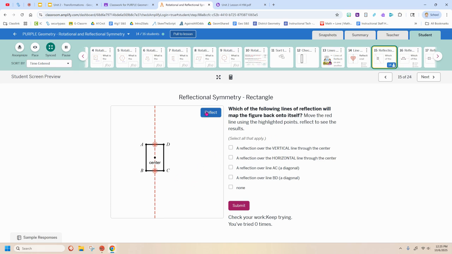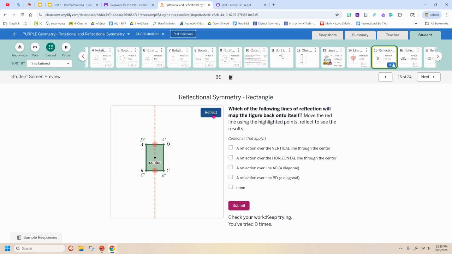Do you see that? And now I'm going to try reflecting again. Does it map onto itself? Okay, so you guys play around. Check off the ones that you think work. If you don't understand what it's asking you to look at, let me know, and then you can hit submit. But the nice thing is here you can actually reflect and play with it.